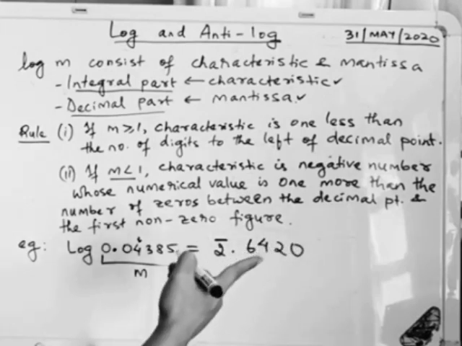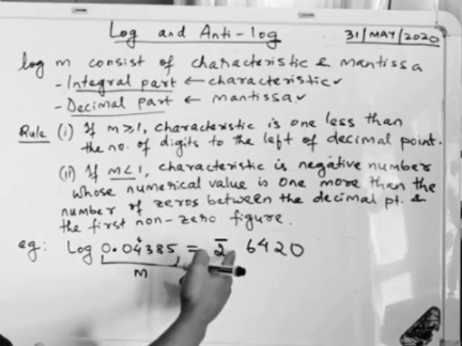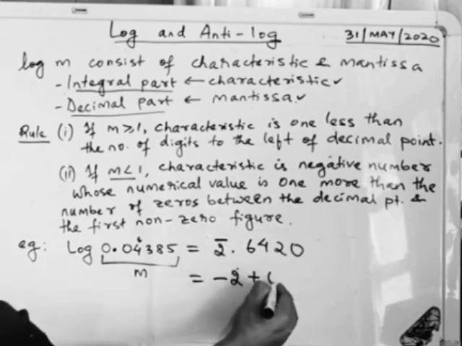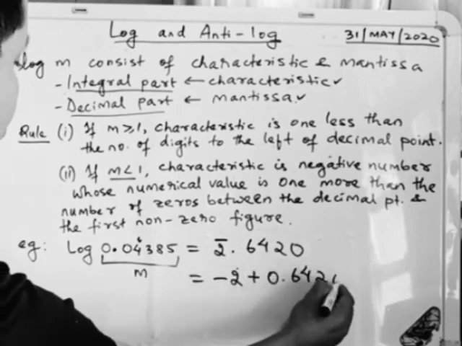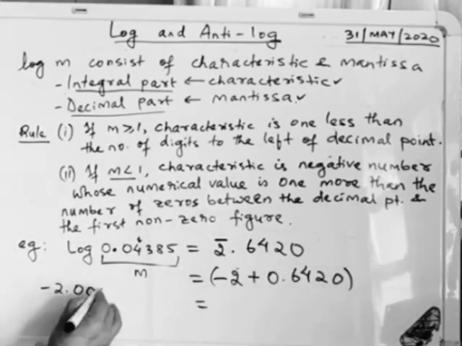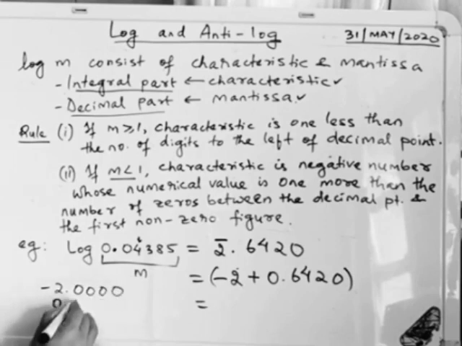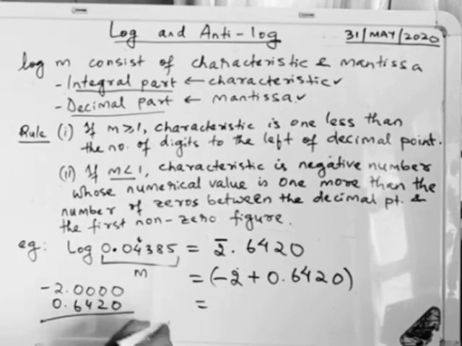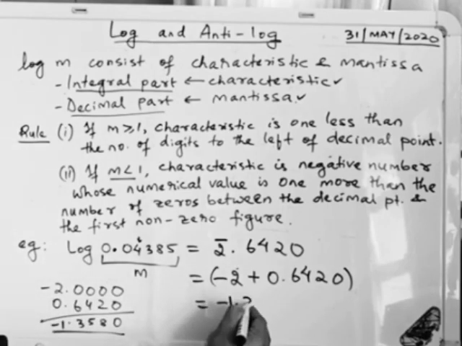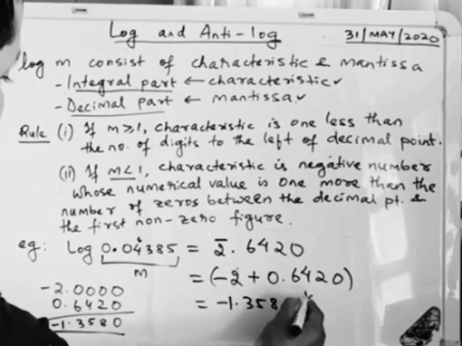So 2 bar point 6420 means minus 2 plus 0.6420. That means minus 2.0000 plus 0.6420. Subtracting: 0, 8, 9 minus 4 is 5, 9 minus 6 is 3, minus 1.3580. So minus 1.3580 is the value.